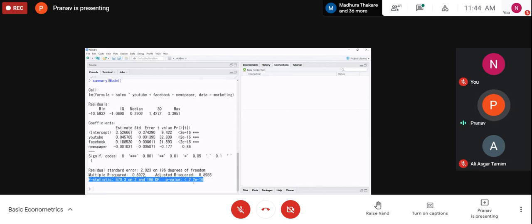So if the p value is very low, it means you are able to reject the null hypothesis, and your null hypothesis is that none of the variables included in the model explains the variation in y. And that's why you reject the null hypothesis.